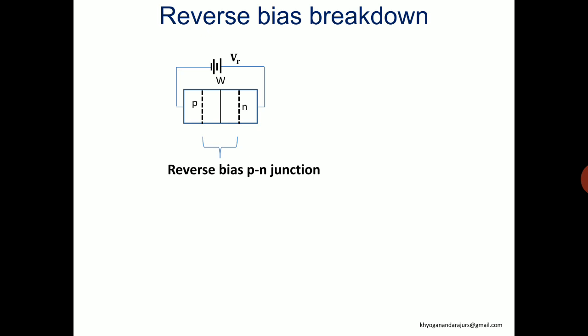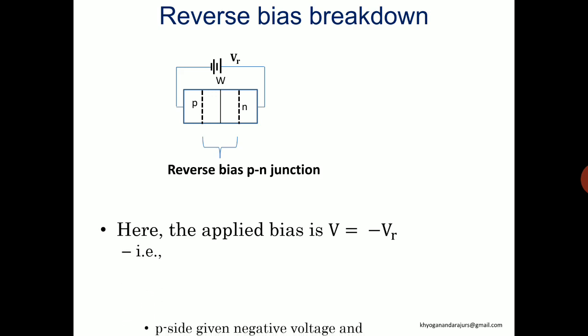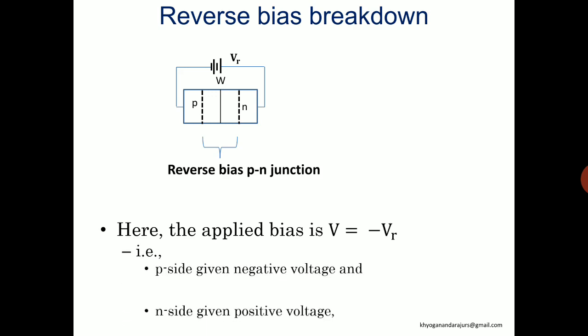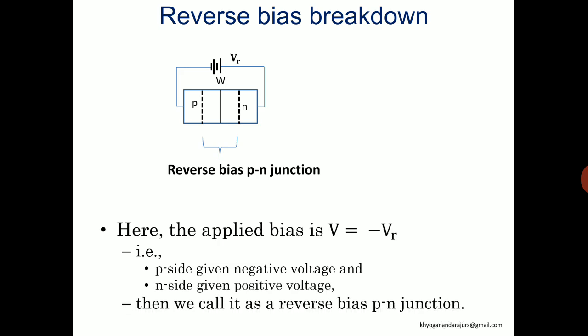Now this PN junction is called a reverse bias PN junction, where we applied a bias such that V becomes minus VR. The P side is connected to the negative voltage and the N side is connected to the positive voltage. Please remember this circuit, this structure and the way of connections, and why it is called a reverse bias.